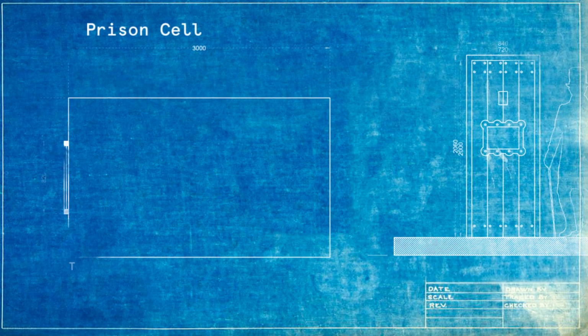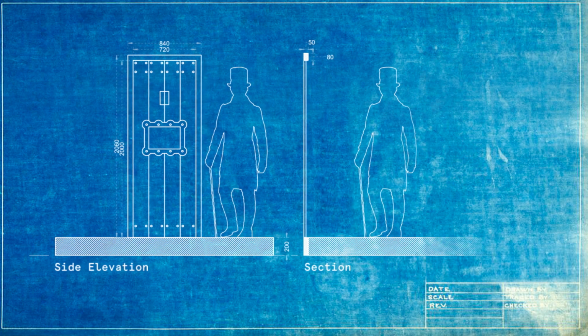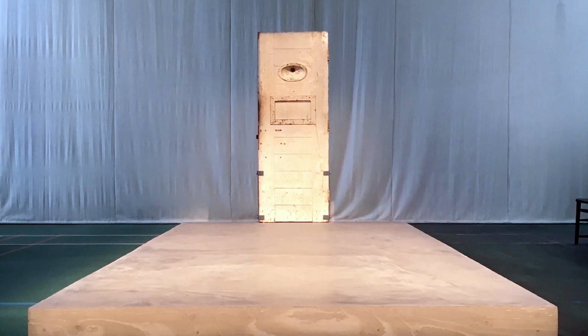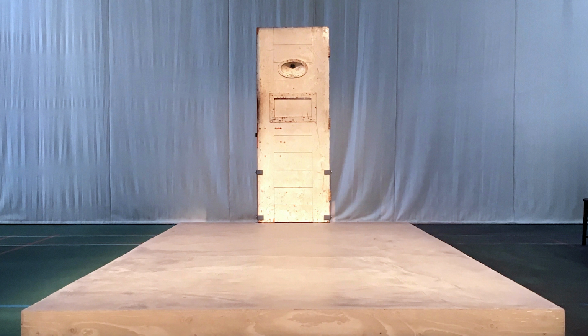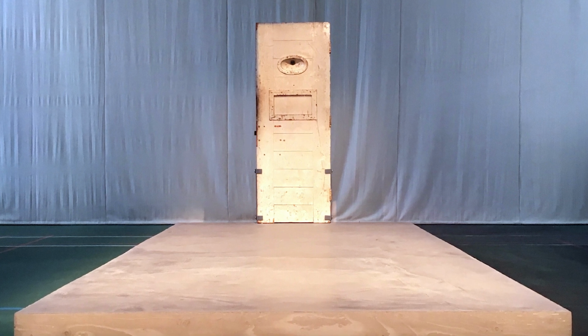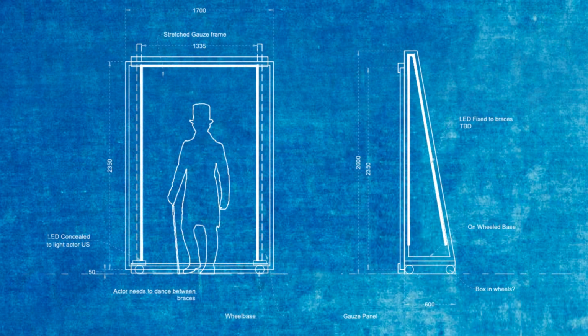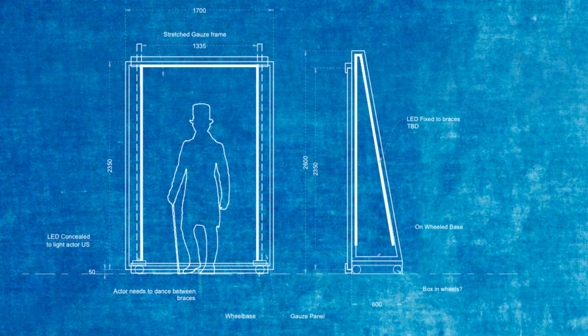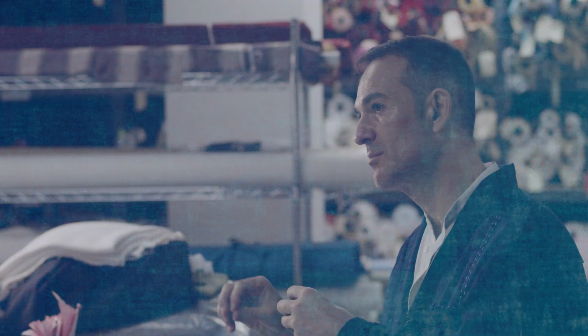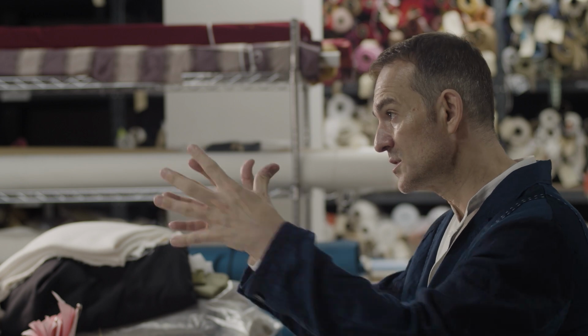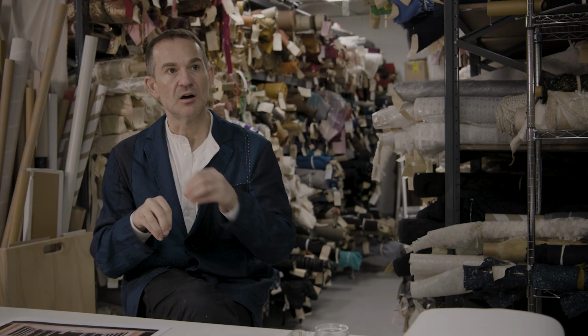It's about the cell, so there's a footprint, the exact dimension of Oscar's cell when he was jailed, and an exact replica of the door of his prison cell. And because we tell some of the story of Dorian Gray, there's an easel. So around those three elements, the dock for the trial, the easel for Dorian Gray, and the cell for himself, we can compose within one space a lot of moments for that second act to happen.